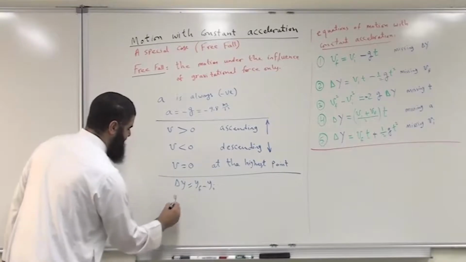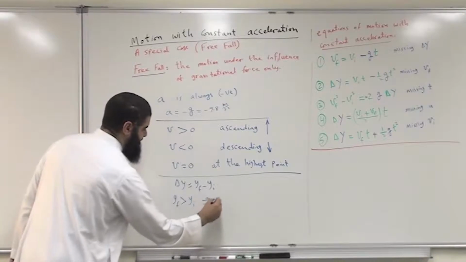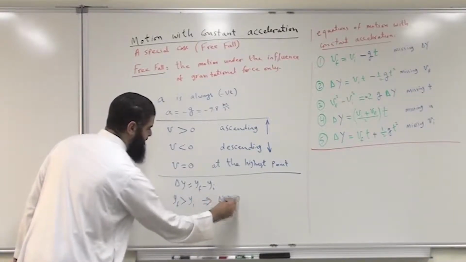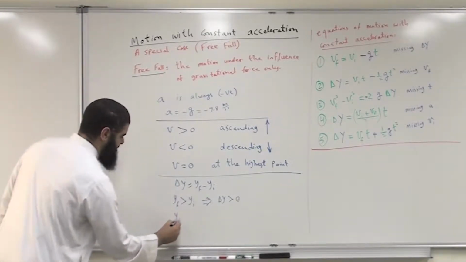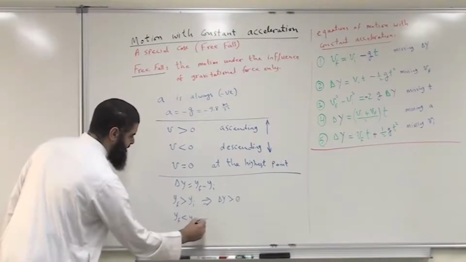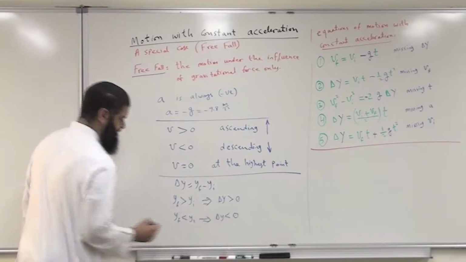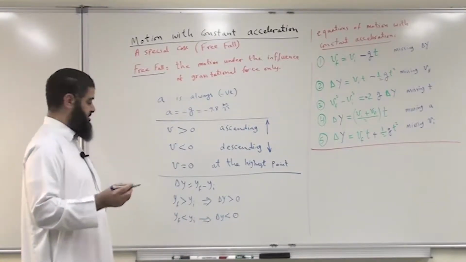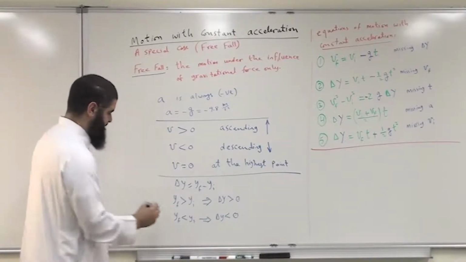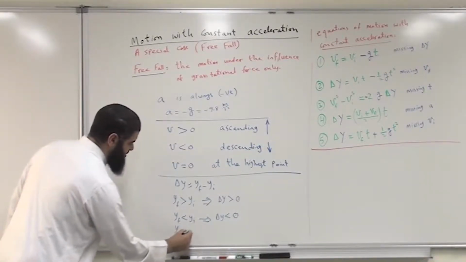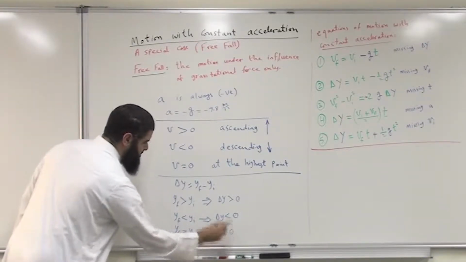If y final is greater than y initial, this will result in delta y greater than 0. But if y final is less than y initial, this will result in delta y less than 0. And if the object starts and ends the motion at the same vertical position, y final equals y initial, and in this case delta y will be equal to 0.